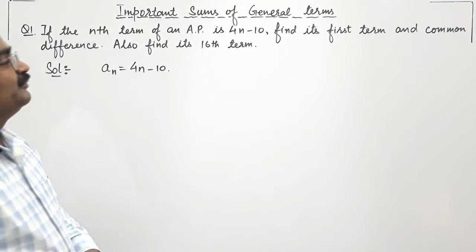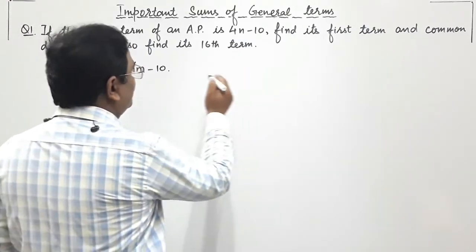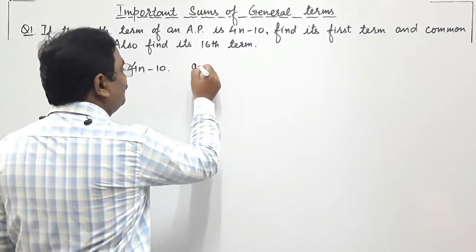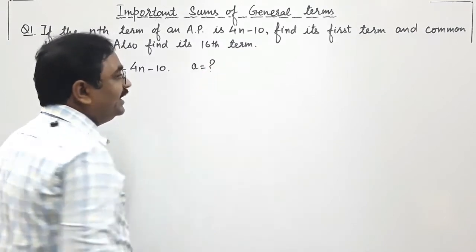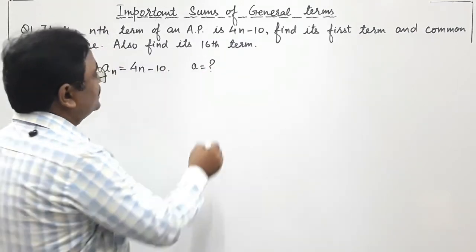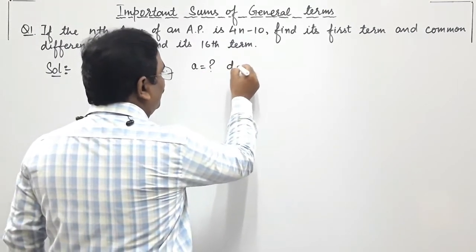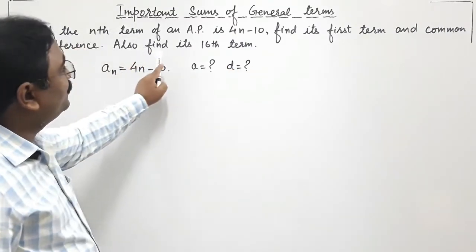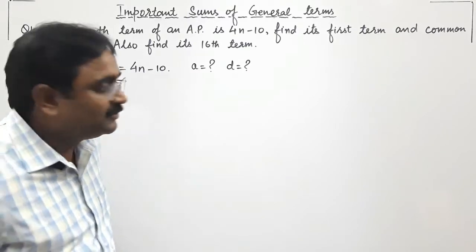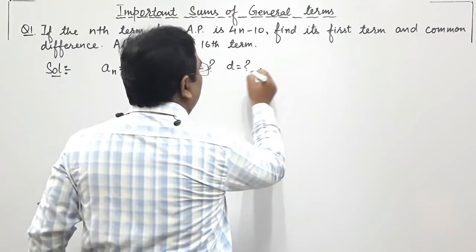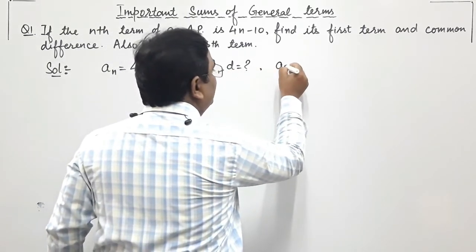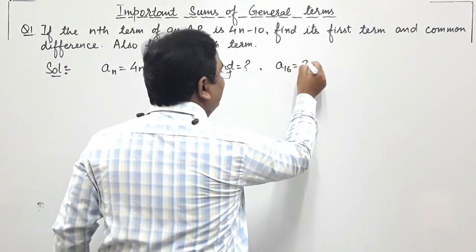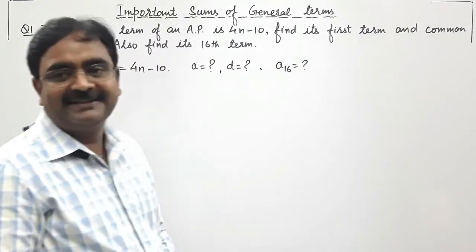After that, what is asked? Find its first term, means we have to find the value of a, and the common difference, the value of d also. Afterwards, we have to find its 16th term, it means a16 also. 16th term means a16 हमें find करना.